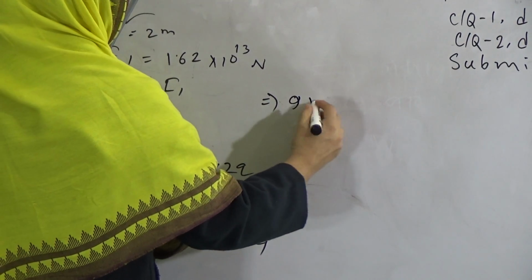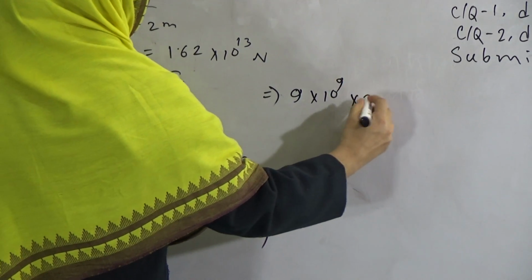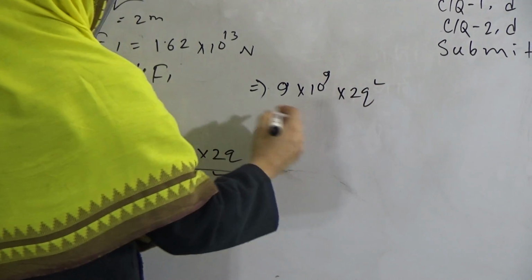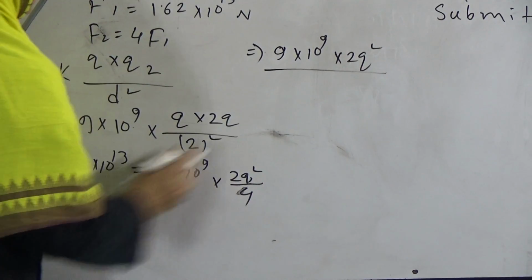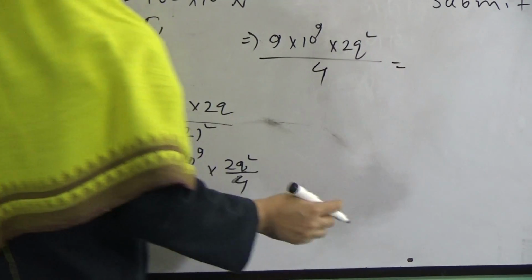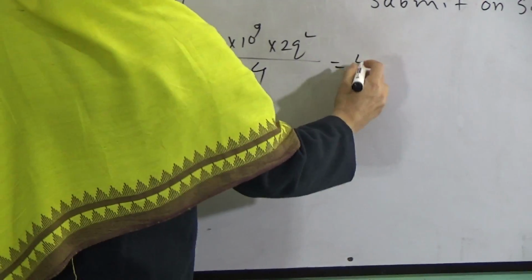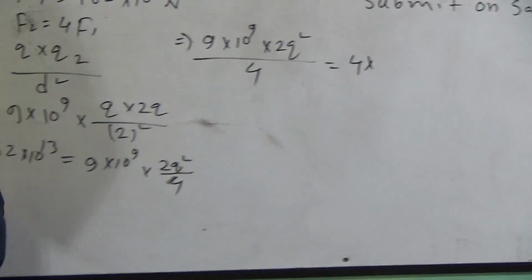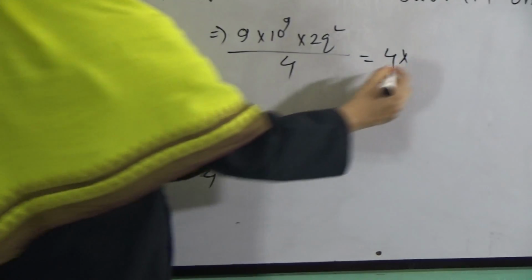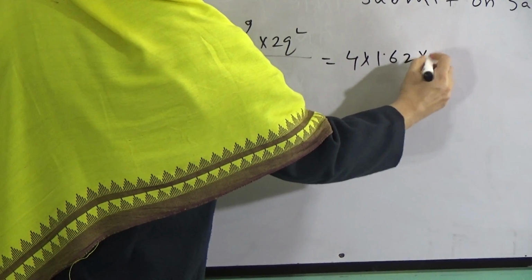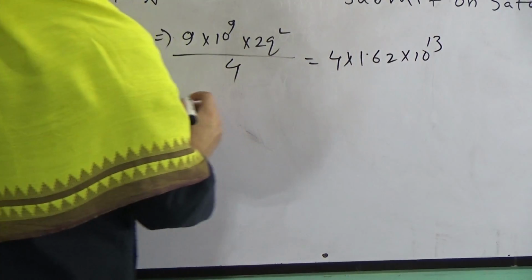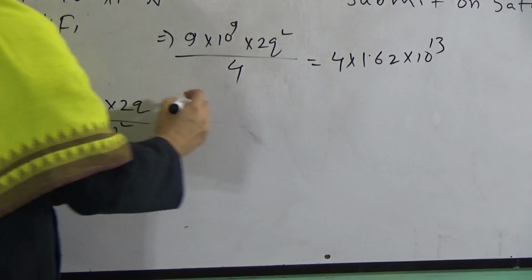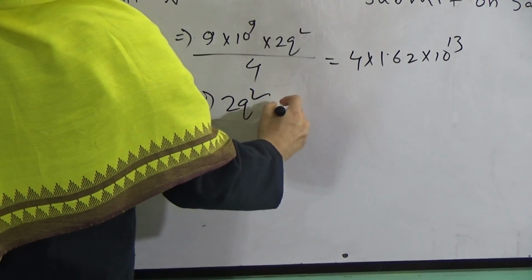Now we can write 9 into 10 to the power 9 into 2Q square divided by 4. Just change the sign and it will be 4 into 1.62 into 10 to the power 13. Now do the calculation.